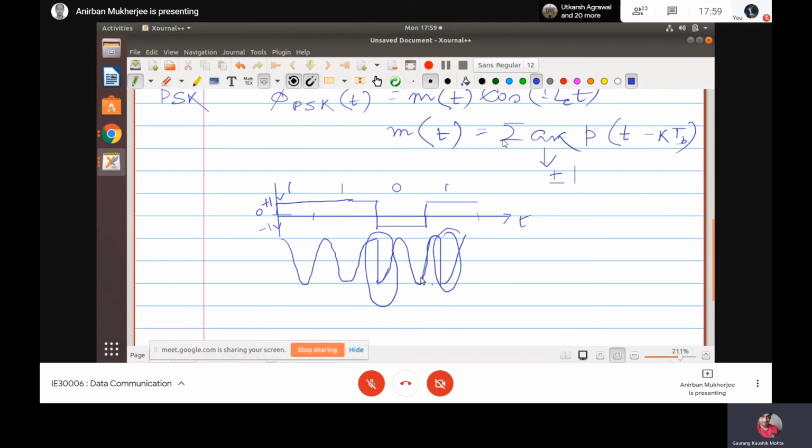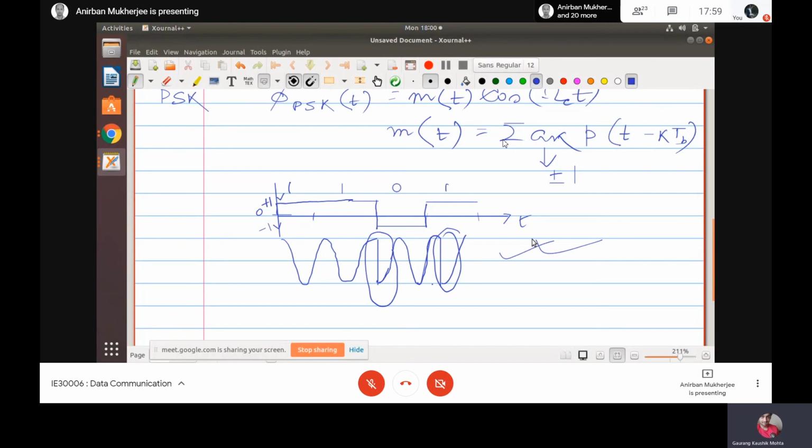That means I have a phase change, a 180 degree phase change. By seeing these spectra, you will understand the modulated signal is mt cos omega ct, and this is known as phase shift.